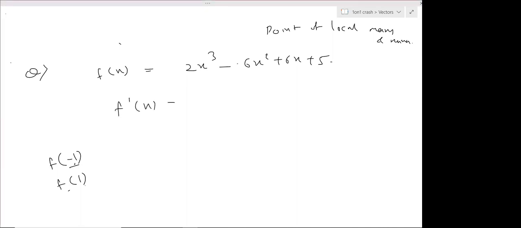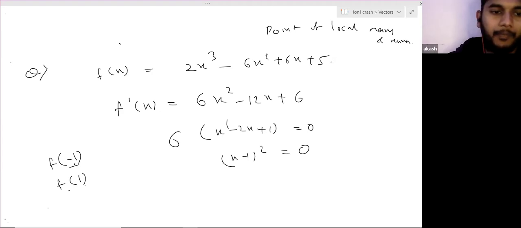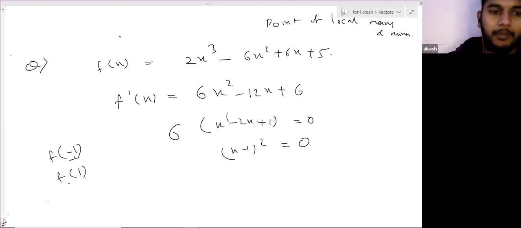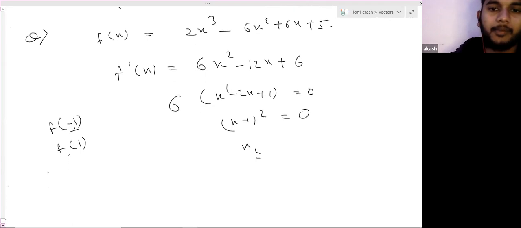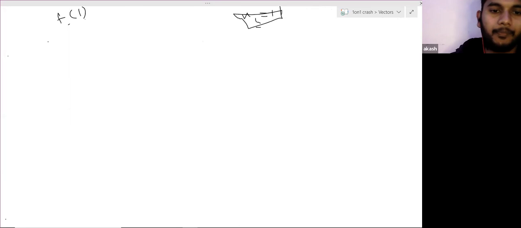Let's see, f dash x, x is equal to 1 in both cases. Absolutely correct. Next question. So this x equals 1 is a point of inflection if sign does not change.